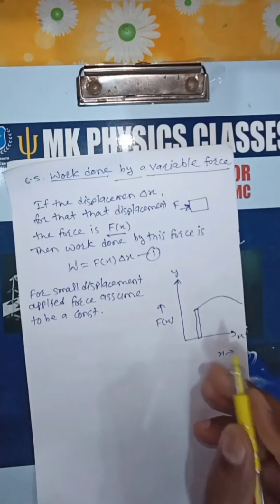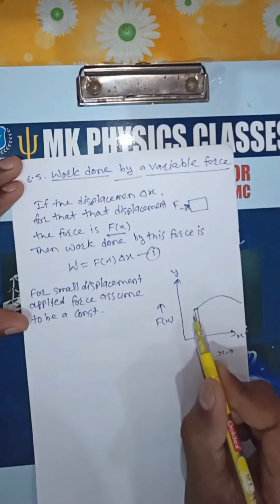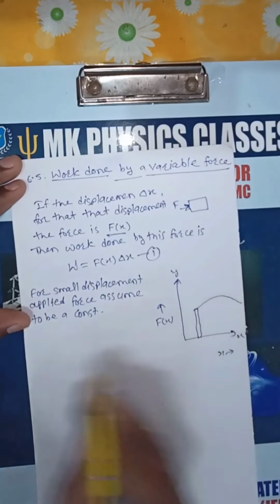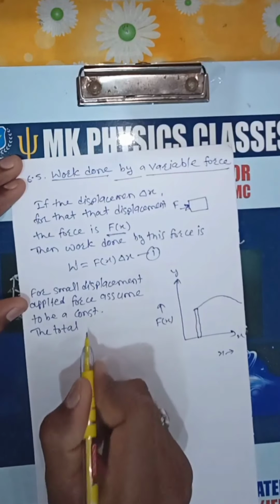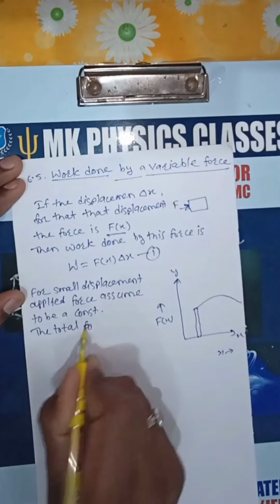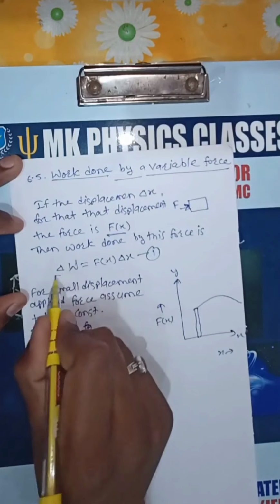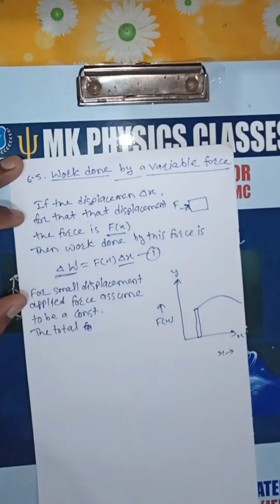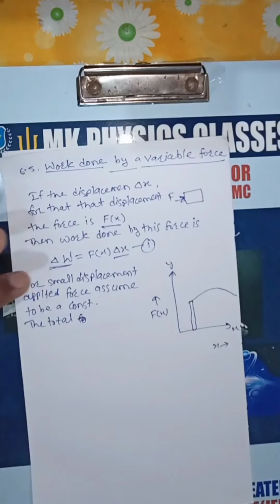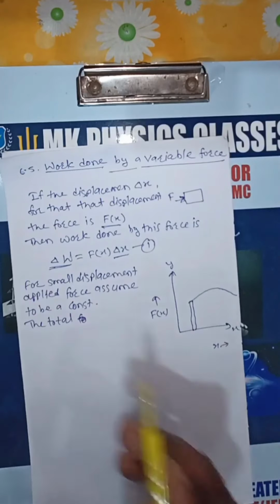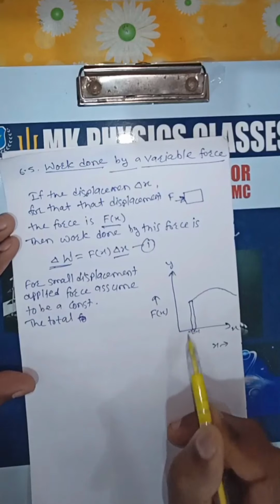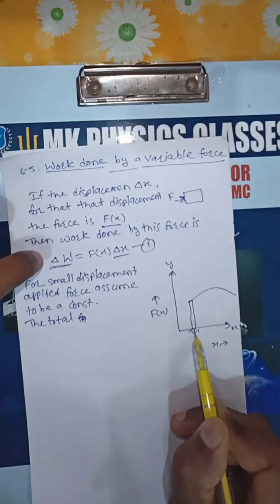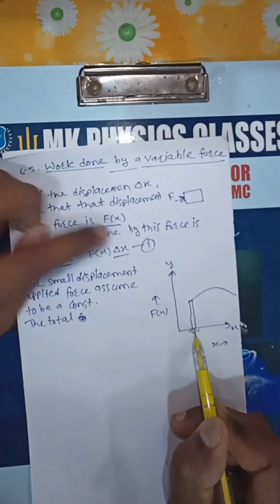In that case, for a small displacement, whatever work done is there is a small work done, delta W. This is the work done for this small displacement delta x, which is Fx into delta x.